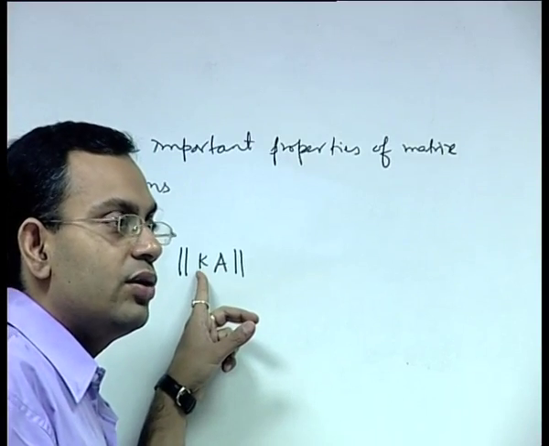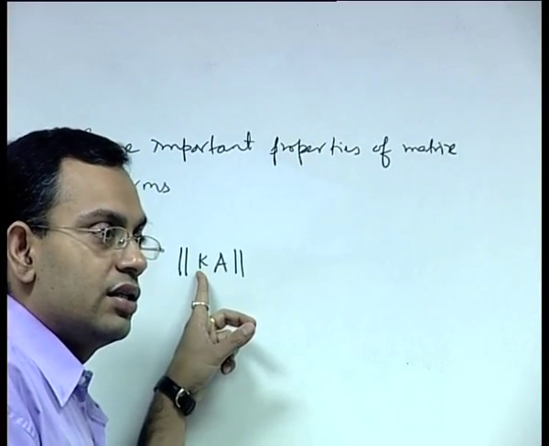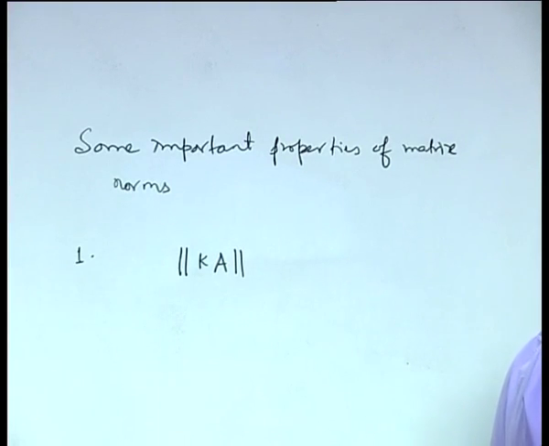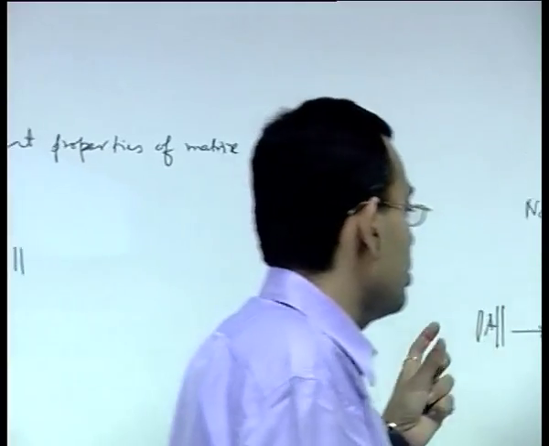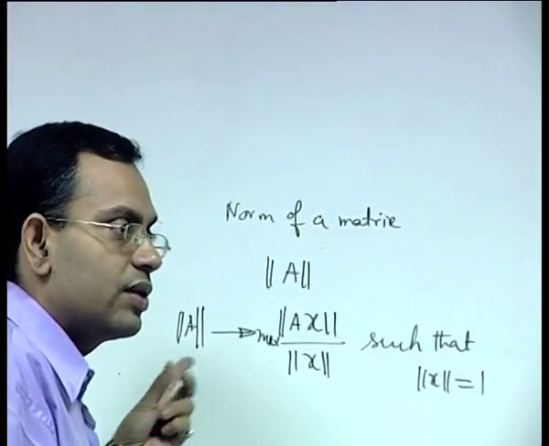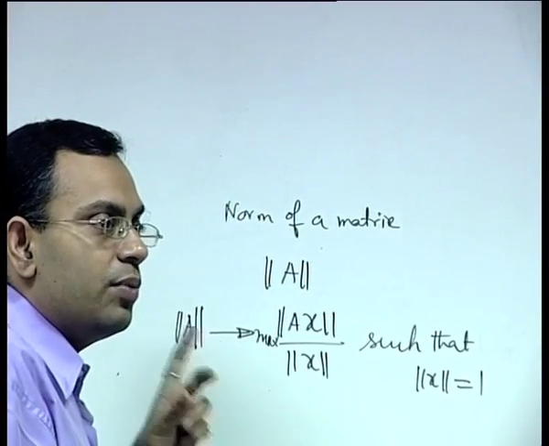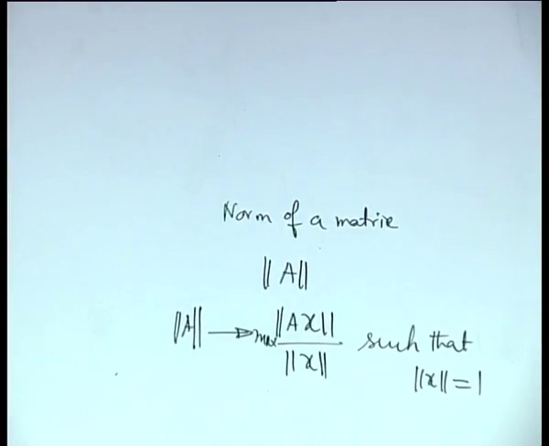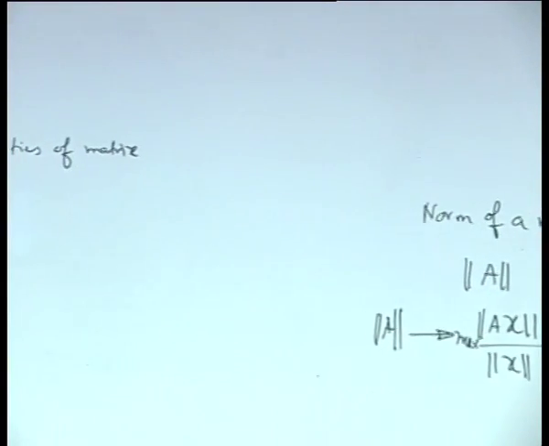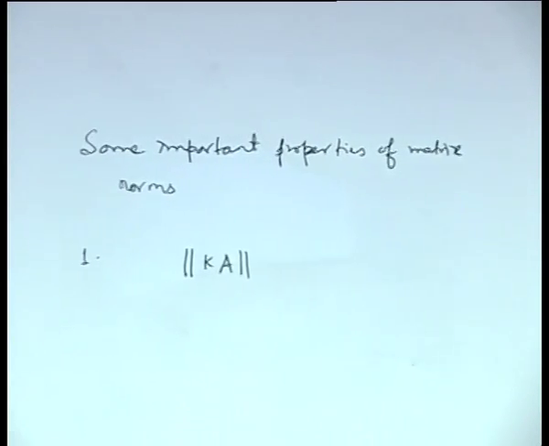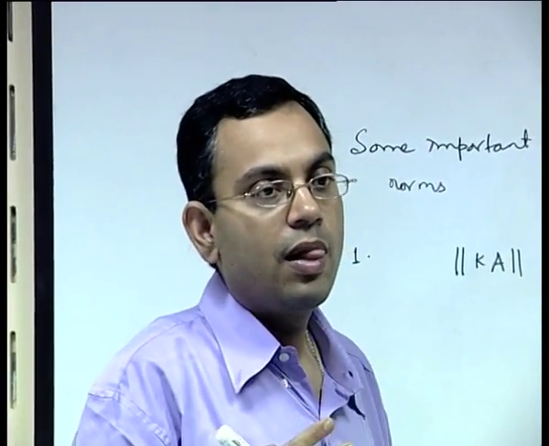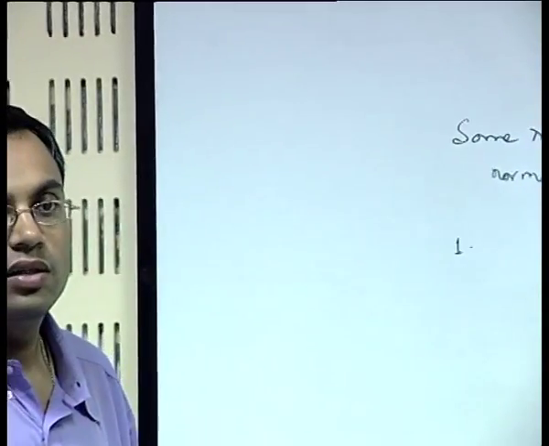Is it K or do you require a mod of that? See, you have seen through the example of the norm calculations that we have come across, that norm essentially ends up with something positive, and the second observation is that it is something more general than mod. So the mod is like the second norm, but you could have different types of norms possible, but like mod it always returns a positive number.